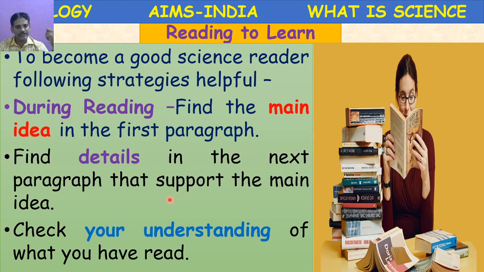So in order to get a clear idea of the topic which you are going to investigate, you have to follow these things. Okay? So it is important that scientists know the meaning of science vocabulary. You have to know the meaning of science vocabulary, and they will understand what they read. So finally, your understanding of what you have read is very important. Okay?